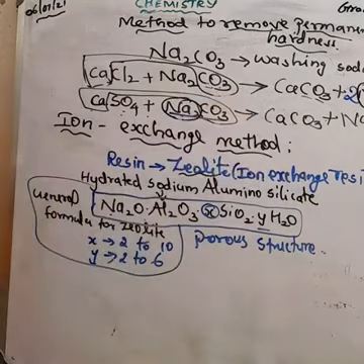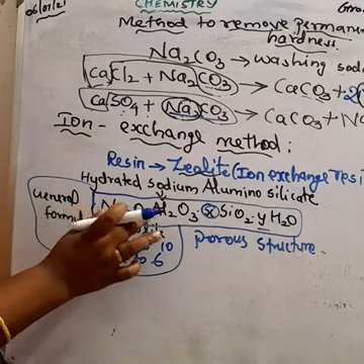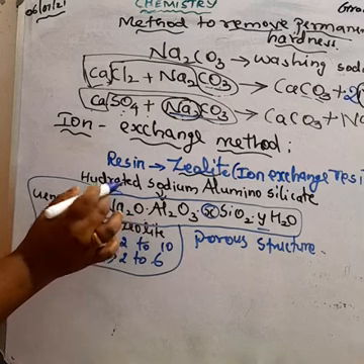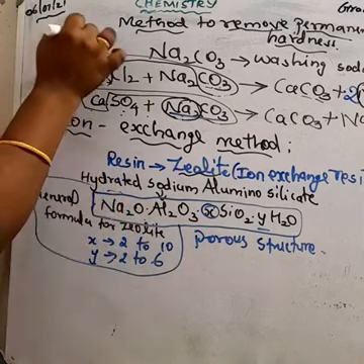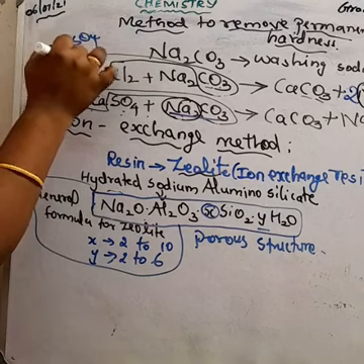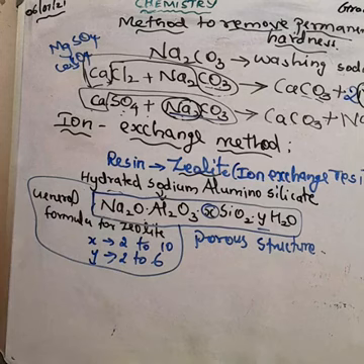What is the reason for the hardness of the water? If the water contains the metal ions, magnesium or calcium. So by using this zeolite, we can remove the hardness of the water.